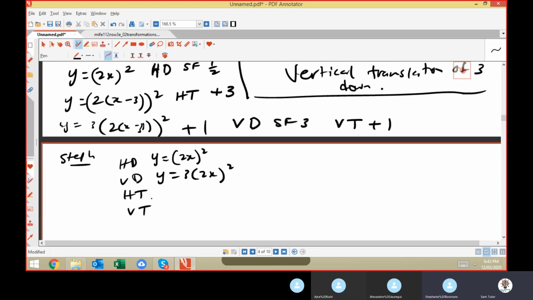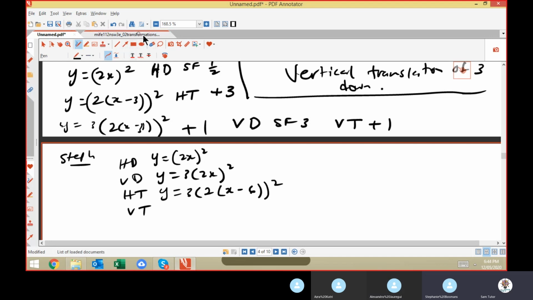And a horizontal translation of what? 6 units right. See, that's the problem. The 6 units right, it's attached to the x. So what you're actually writing is this: 2 bracket x take away 6.